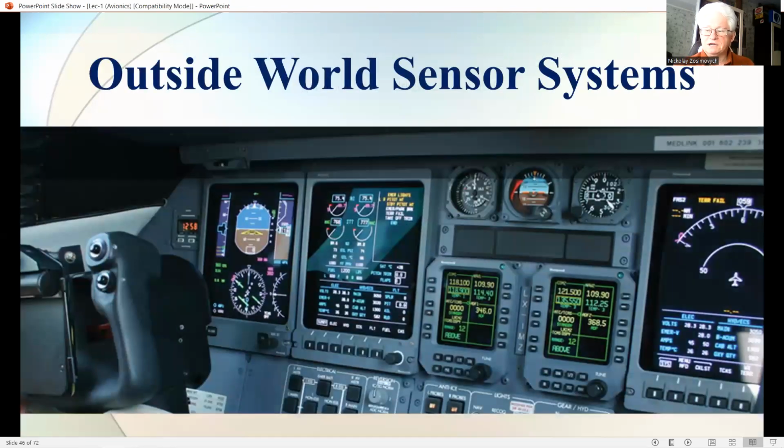Outside world sensor systems. These systems, which comprise both radar and infrared sensors, enable all-weather and night-time operation and transform the operational capability of the aircraft or helicopter.